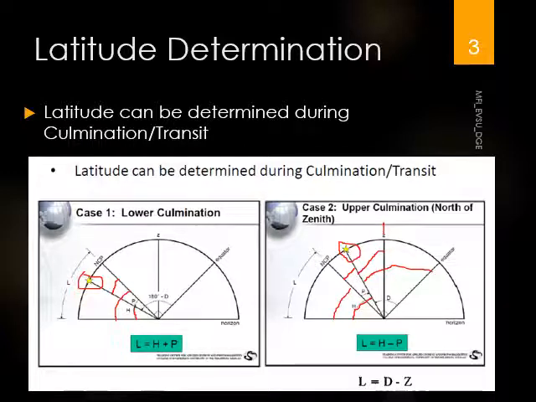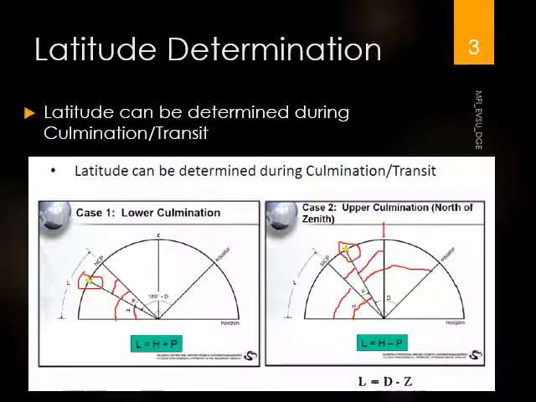So our value of latitude can be computed by L equals D, the declination, minus Z. We can now determine the latitude of the place.